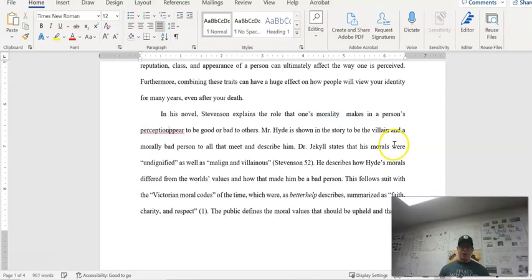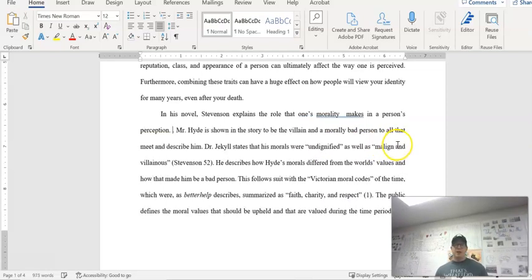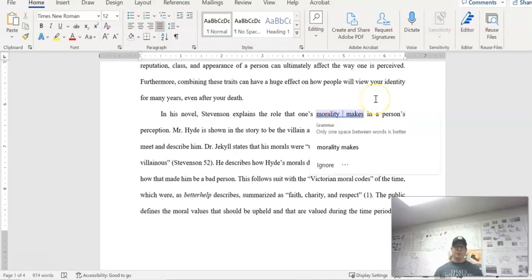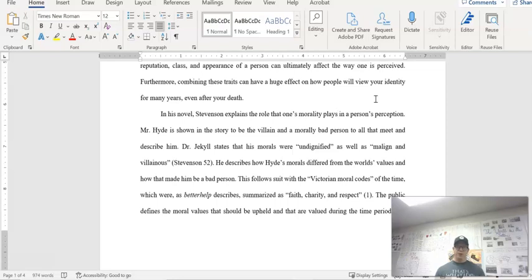Phrased very awkwardly. So this would lose points just because of the confusing nature in which it is written. Good or bad. Stevenson explains the role that one's morality plays in a person's perception, okay, or self-perception, or a person's judgment of others or by others.